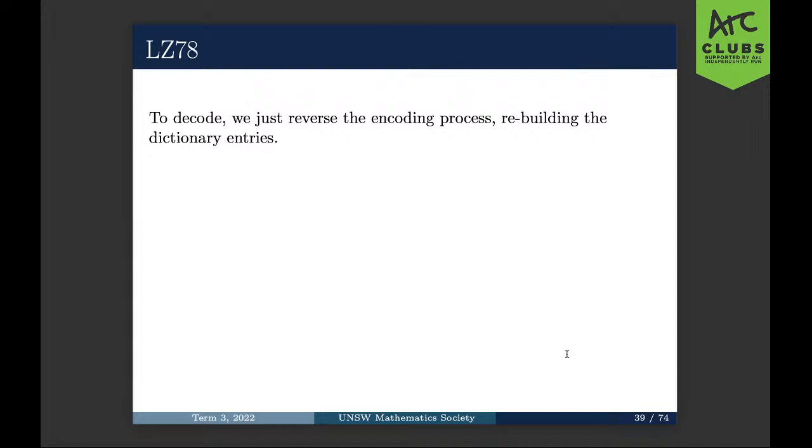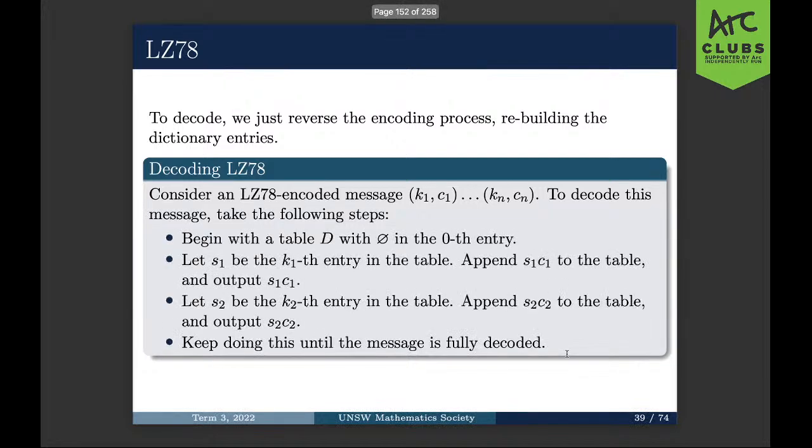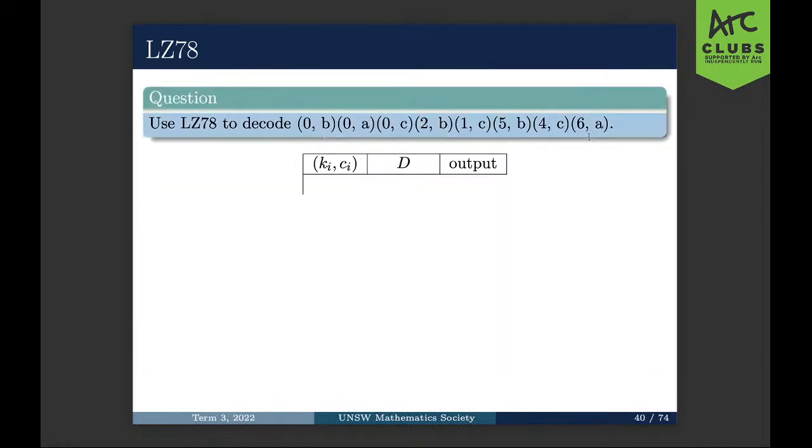Now to decode this, we reverse the encoding process, where we rebuild the dictionary entries based on the outputs that we got. So when we want to decode something like this, we again start off with an empty dictionary entry, because when we were encoding, we had the empty string first.